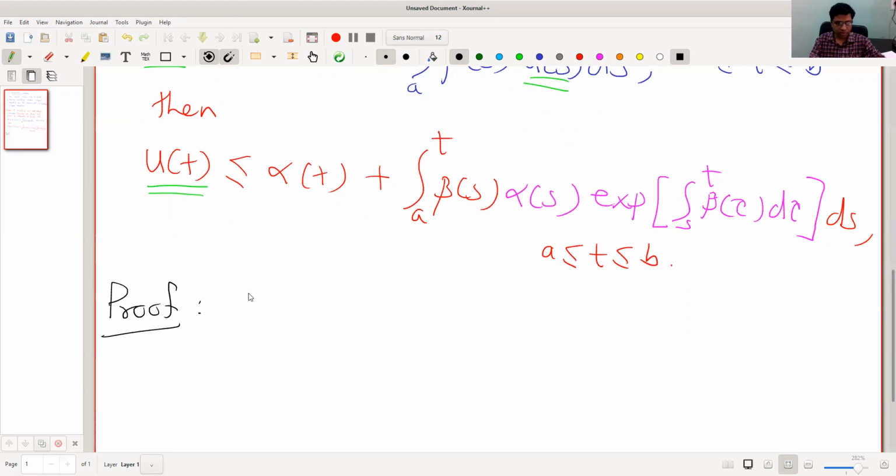Yeah, there is another part also before proving this. This is first part of inequality.